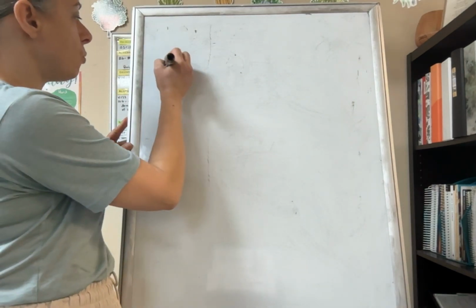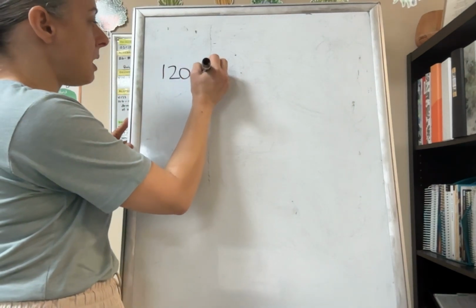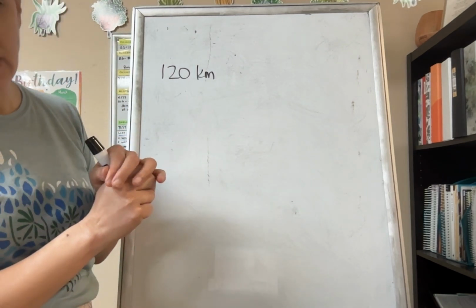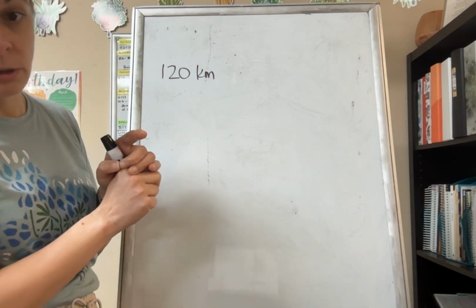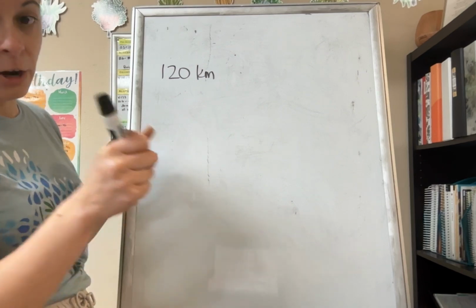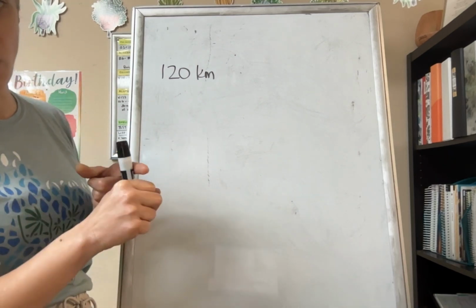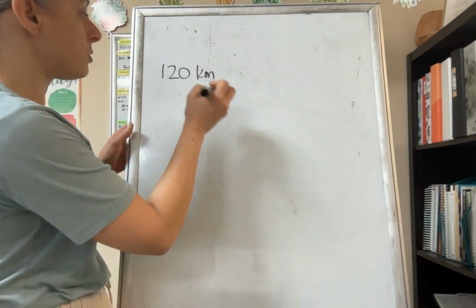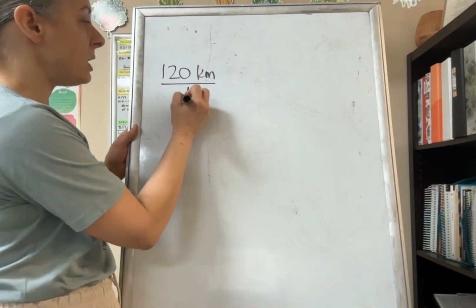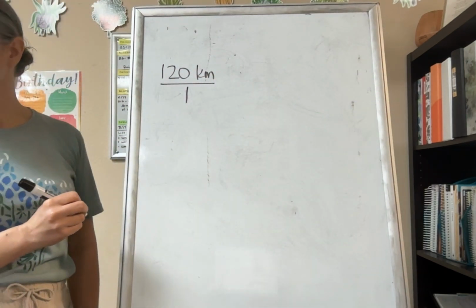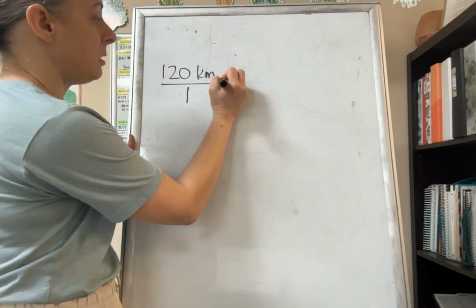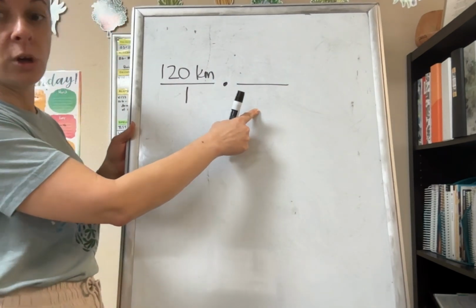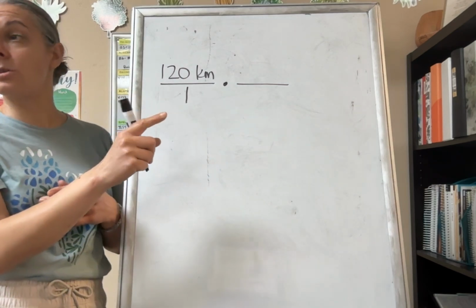So we've got 120 kilometers, and we need to change this into miles. And our conversion chart tells us that 1 mile is equal to 1.61 kilometers. So I'm going to put 120 kilometers over 1, right? And then when I set up my conversion factor, where do I need to put kilometers?